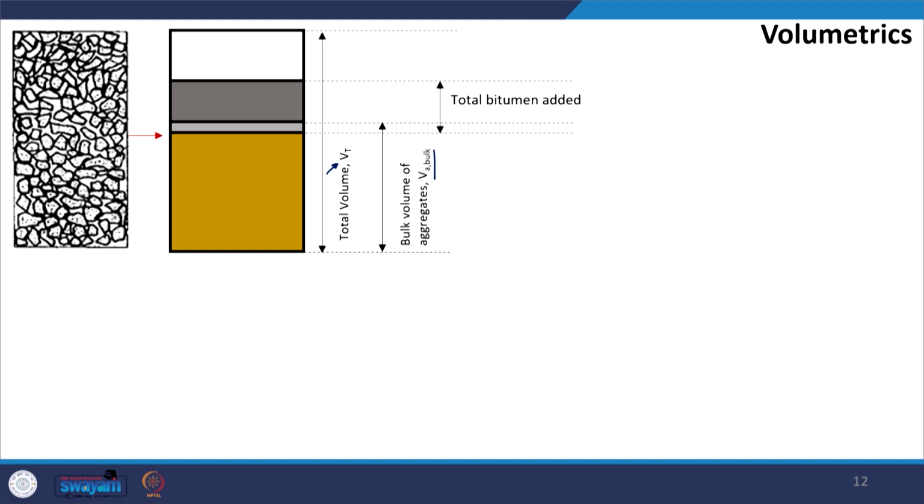Then we have the total bitumen which I have added, but a part of the bitumen is absorbed and we call it absorbed bitumen, and whatever remains is called the effective bitumen. So, this is VEB and VAB, and then the remaining part is the air voids, V suffix A.